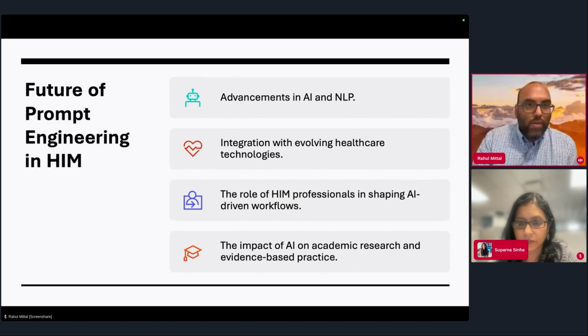By encouraging our students to understand prompt engineering and applying it to our courses, HIM faculty can help shape the responsible and effective use of AI in HIM.